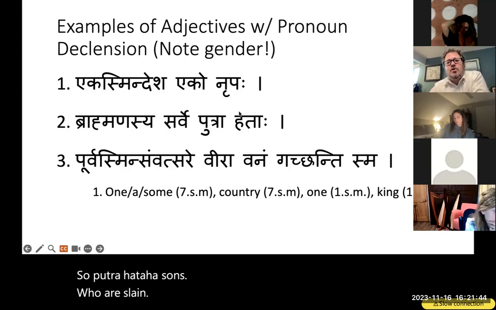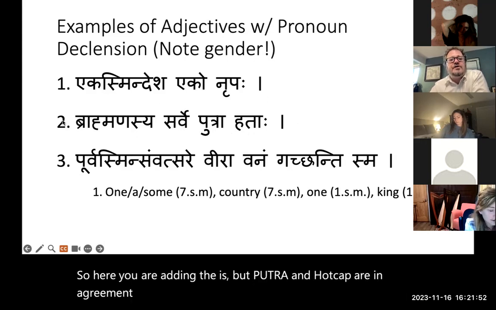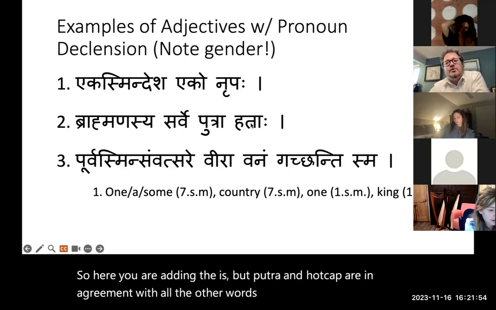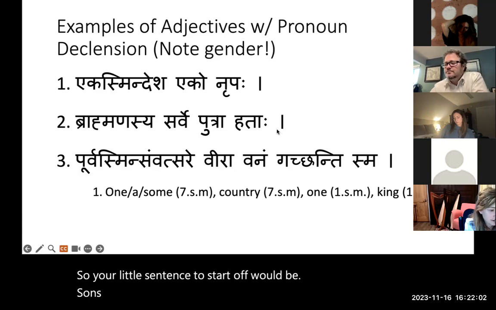So here you are adding the is, but putra and hata are in agreement with all the other words modifying those nominatives. So your little sentence to start off would be, sons are killed.